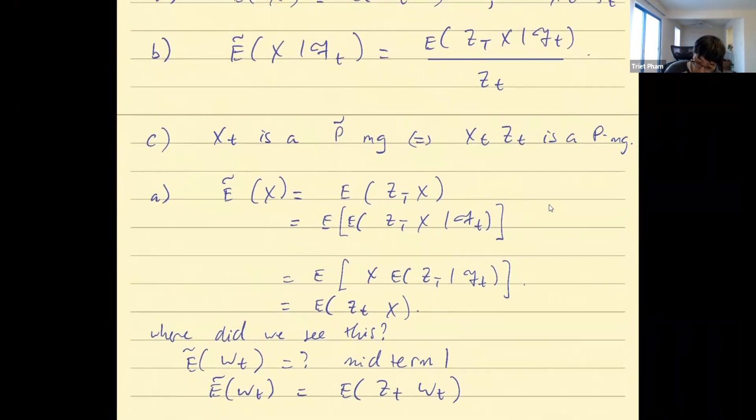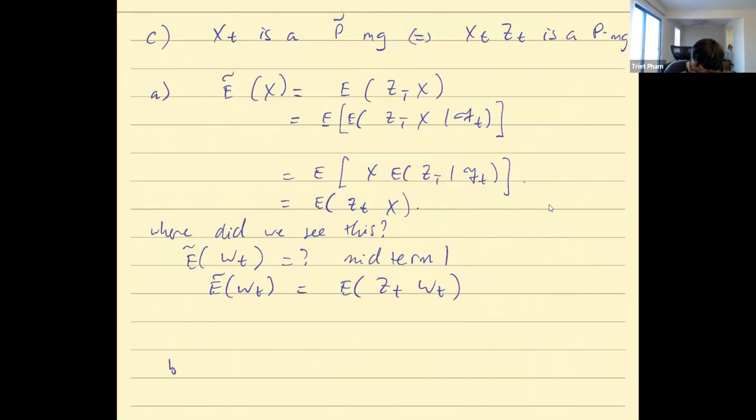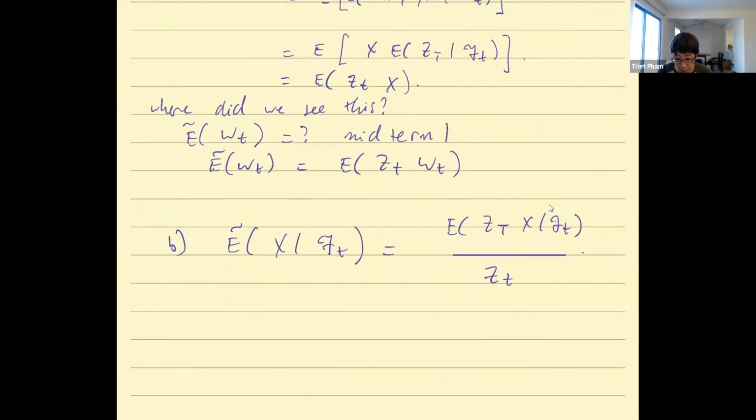Okay, so B actually is more of a big deal. B is saying that under the conditional expectation, you can do this. And actually, I don't have to advertise for B, right?